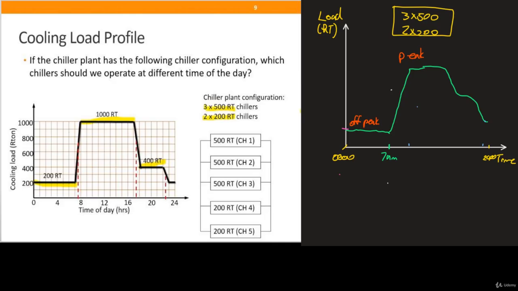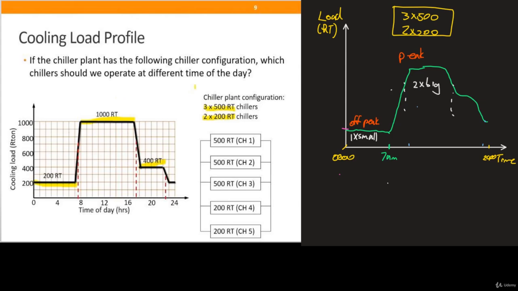By observation, during the night time, which is 200 ton, it makes sense to operate your 200-ton chiller, your small chiller, and run it at 100% load. And during the daytime, when it's at the peak period, you should run 2 big chillers.